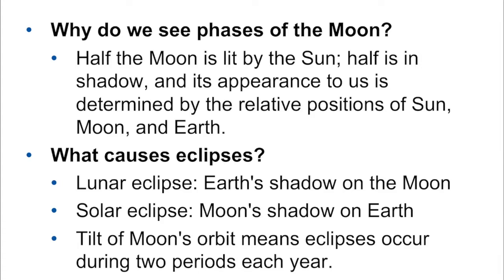Furthermore, we only ever see the features, such as the craters, of one half of the moon, because of the synchronous movement of the moon's rotation and orbit. What causes eclipses? Earth's shadow for lunar eclipses, moon's shadow for solar eclipses. And the 5-degree tilt of the moon's orbit relative to the ecliptic plane means that we get at most two eclipses per year.